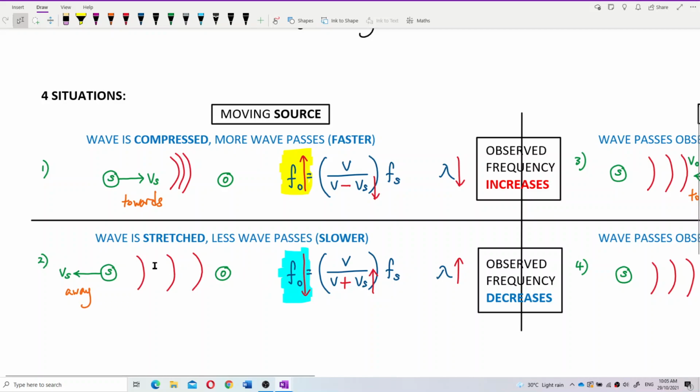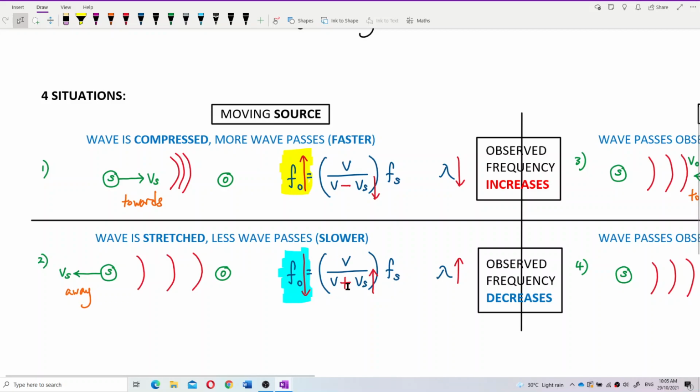So when less wave passes through the observer, the observed frequency should decrease, because the wave now passes through the observer slower, less wave. So the observed frequency should decrease.